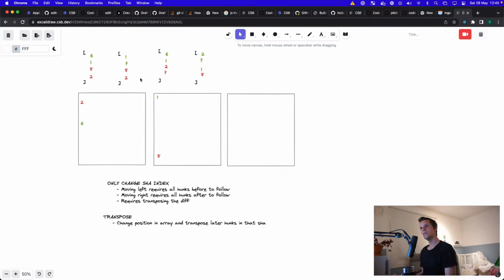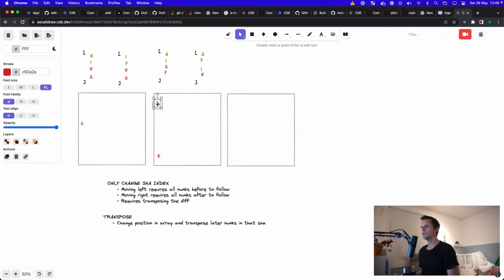So that's the thing, maybe this is how to think about it. Like when this was moved, and let's make it green. So when we move it over here, are there any hunks that actually affect this move? In this case, no, because there aren't any.